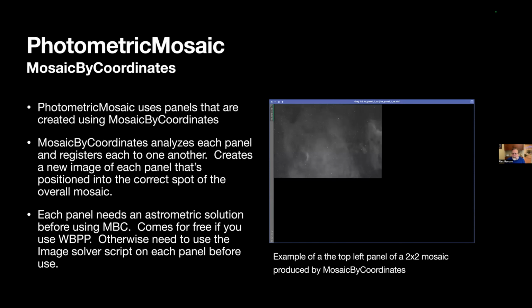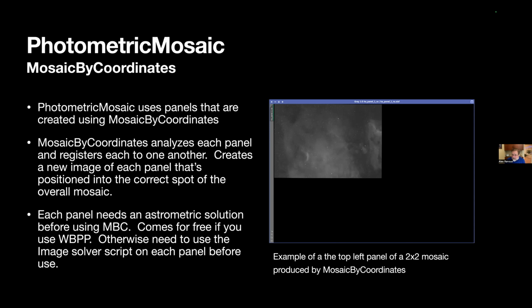Then it figures out what the overall mosaic is, the maximum extent of where all the panels go, and creates a virtual mosaic that covers the entire space, and then puts the data for an individual panel into that space. On the right, you'll see one panel from a 4-panel mosaic, the upper left panel, and it produces an image with that data pushed into that corner.